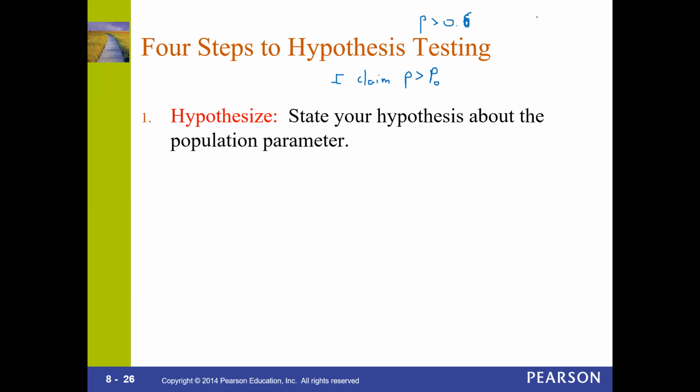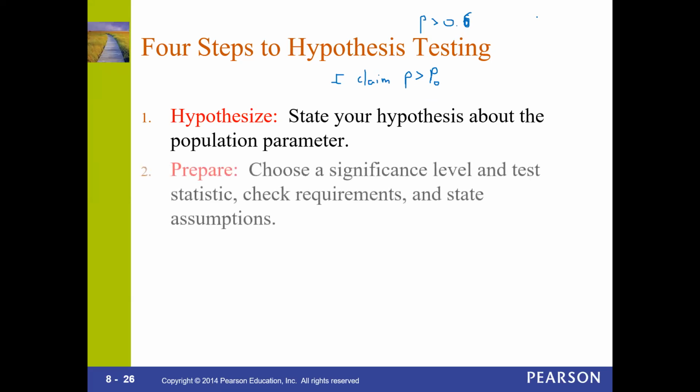Okay. And then what you're going to be doing: the first thing is you state your hypothesis about the population parameter. That means write H0 and H1 or HA. Choose the significance level, then the test statistic. Check requirements.